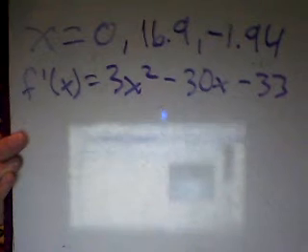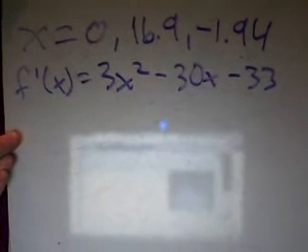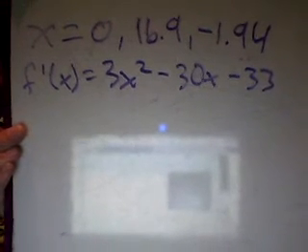You take the derivative of that, that's going to be 3x squared minus 30x minus 33. That's going to be the first derivative of the original function of x cubed minus 15x squared minus 33x.